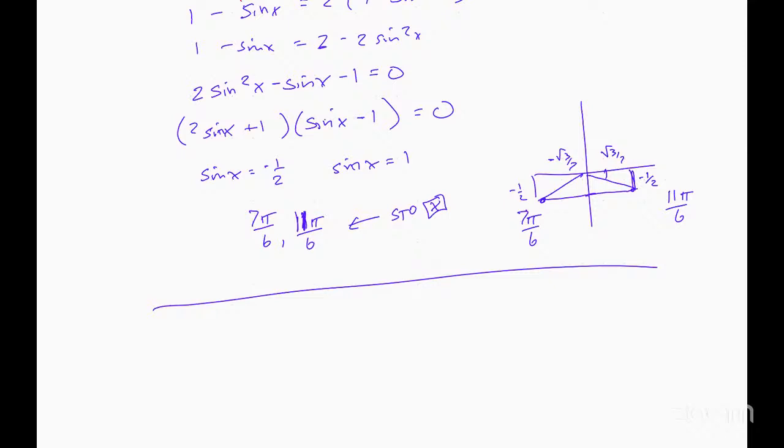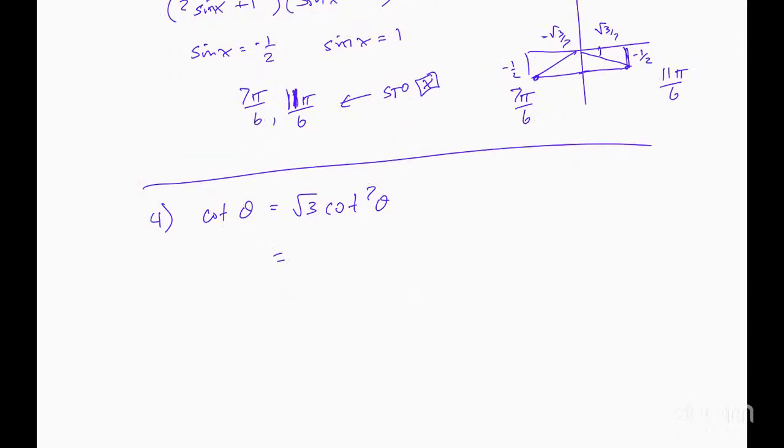Number 4. Cotangent theta equals root 3 cotangent squared theta. Okay, these are already in terms of cotangent, so you might as well just leave them. Let's set it equal to 0.